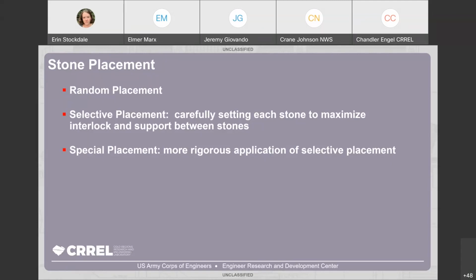And then the special placement is actually using selective placement, but it goes a step further where your stones probably have more uniformity in shape, and so you can lock them in even better than you would if they were just quarried stones that have random shapes to them.